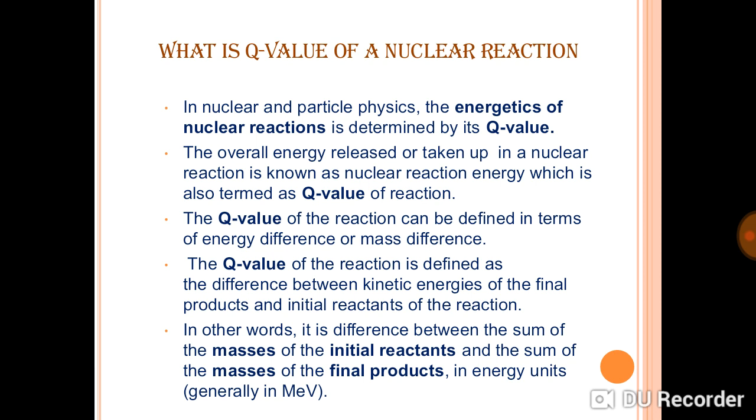The Q value is defined as the difference between the kinetic energies of the final products and initial reactants of the reaction. In other words, it is the difference between the sum of masses of the initial reactants and the sum of masses of the final products in energy unit. Generally, it is expressed in mega electron volt.